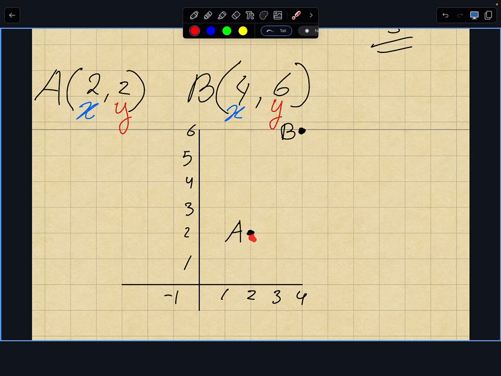The distance on the x-axis from A to B is 2. The distance from A to B in the y-axis is 4.